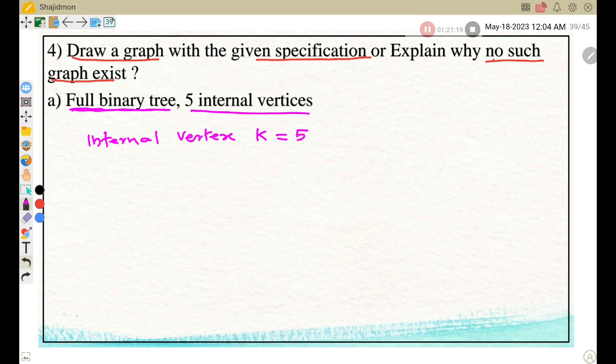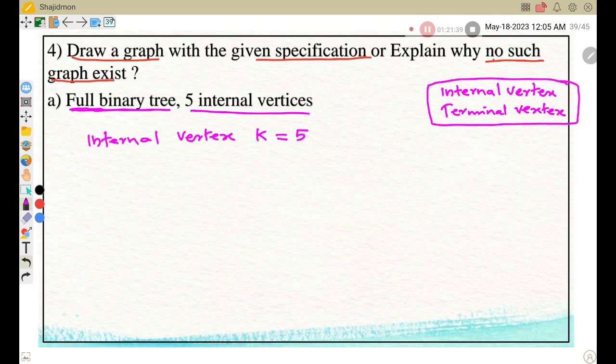Now if you want to draw a full binary tree, you need to know how many internal vertices and how many terminal vertices. If you know this, only then can we draw the graph.